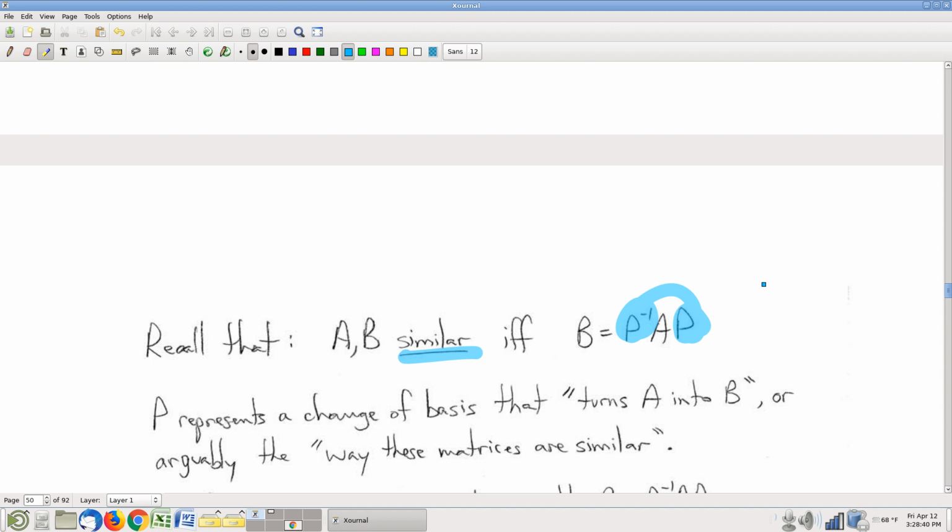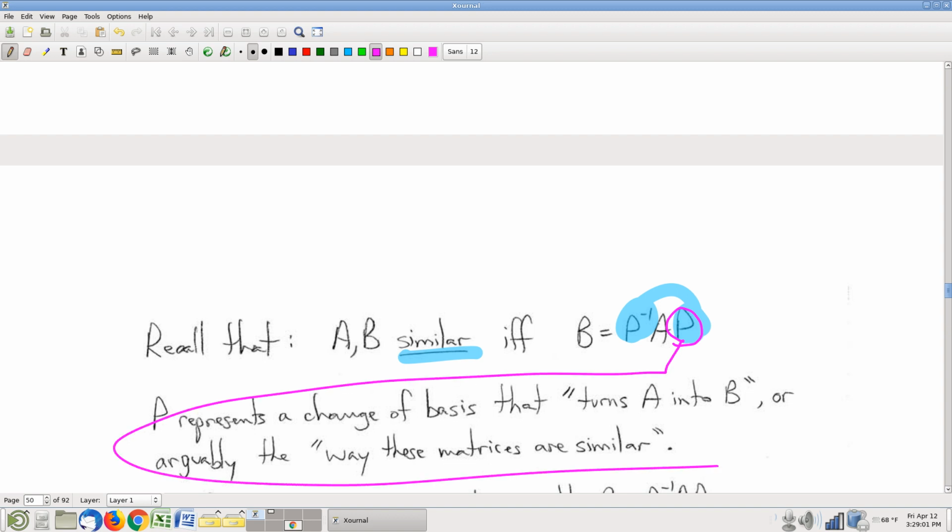What if this were a special kind of invertible matrix? Then not only are the matrices similar, but they're similar in that special way. And so, for example, this matrix here, anything that I know about it describes the nature of the similarity between the two matrices.